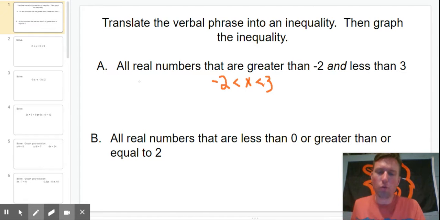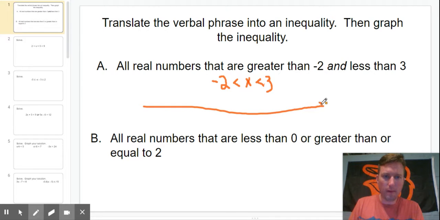Now, how do you graph that? When you graph that, you would still use your number line. I would have my 0, and I would have -1, -2, and then on my other side, I would have 1. I'm just going to go out to 2 and 3.